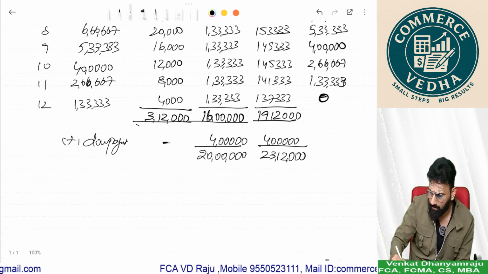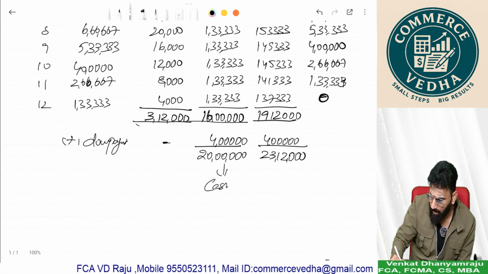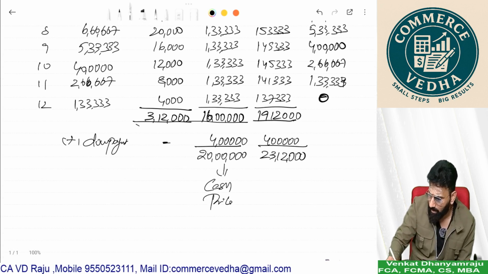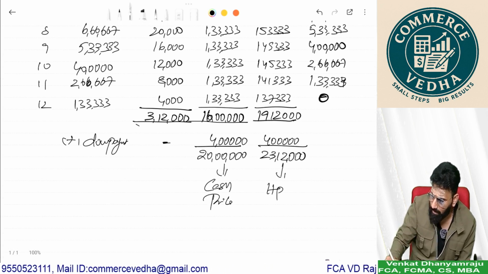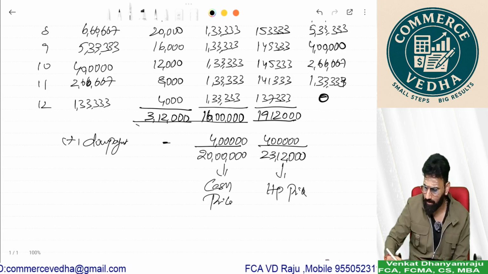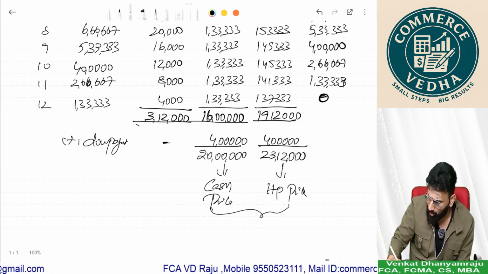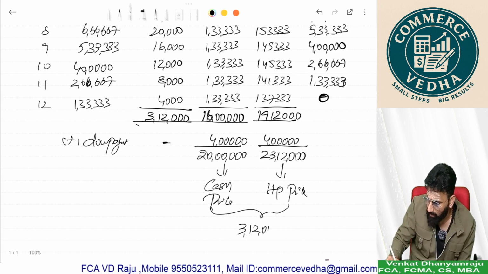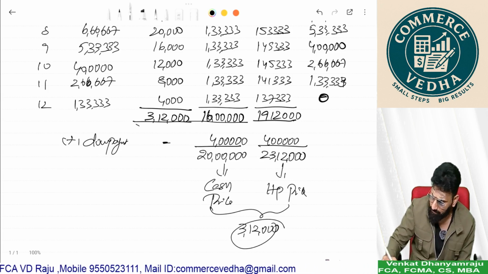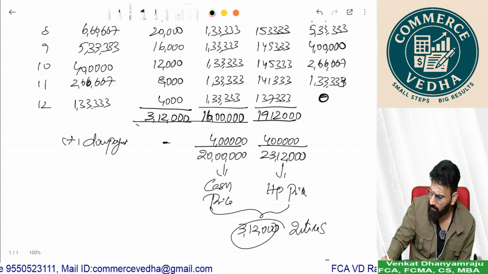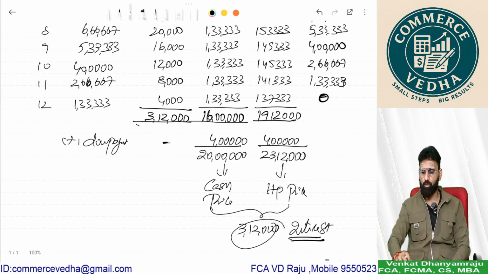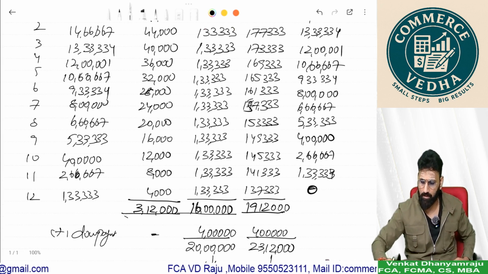This is cash price. This is hire purchase price, and the difference between these two, 3,12,000, is your interest.